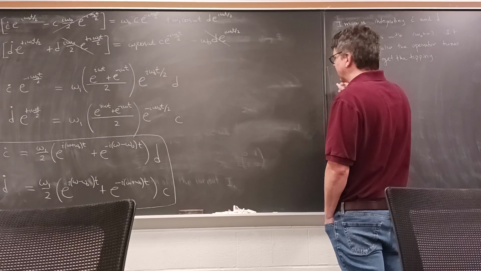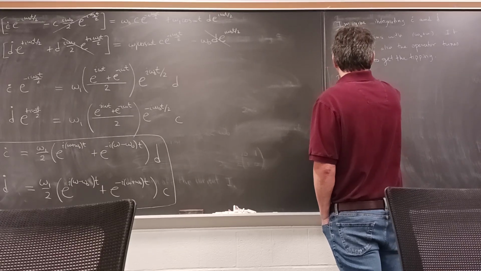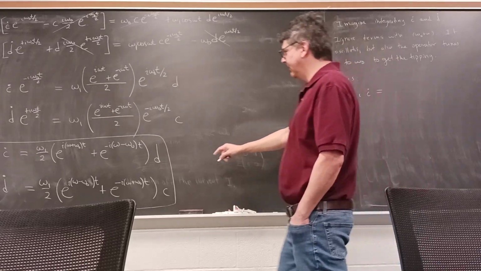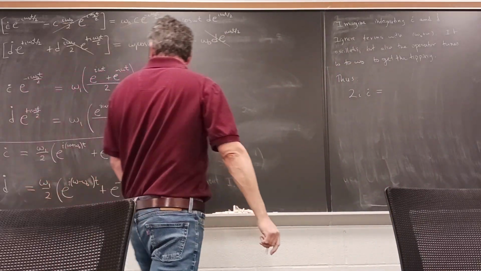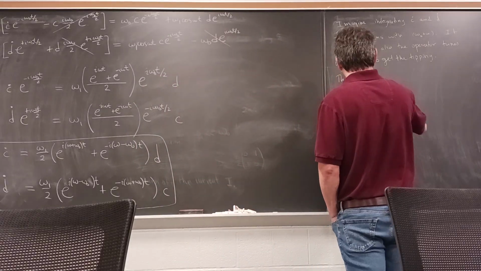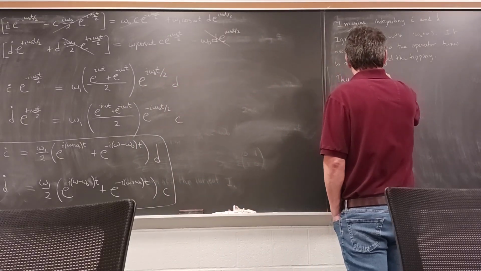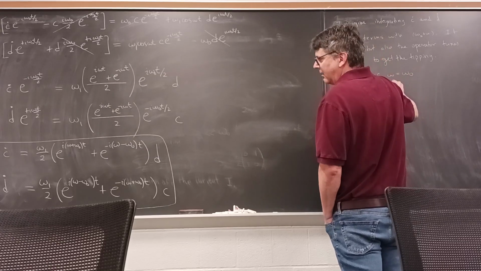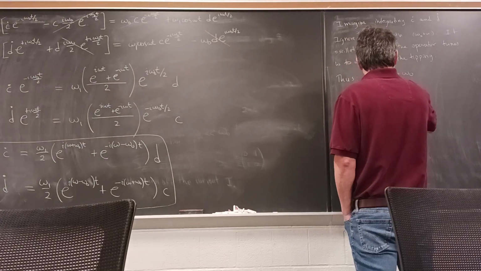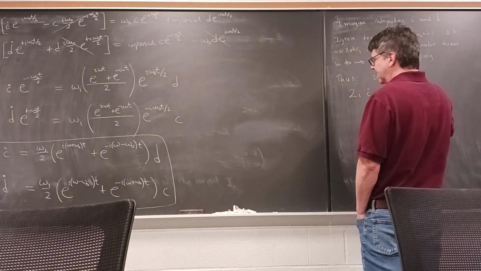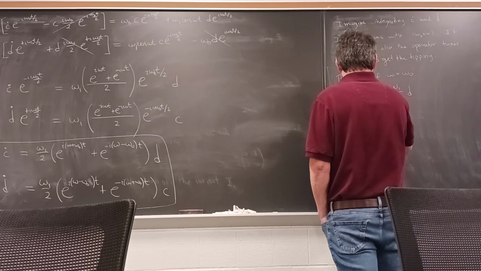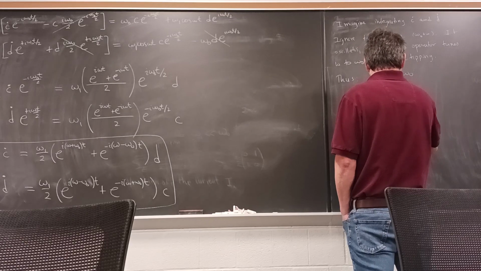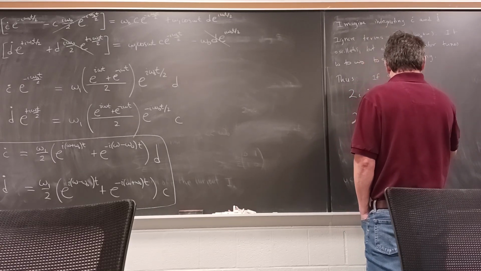So that means we can just ignore those terms. Thus we have 2i C dot is equal to, I can ignore this term completely. If omega is equal to omega zero, we'll have omega 1 over 2 D, and 2i D dot is equal to omega 1 over 2 C.